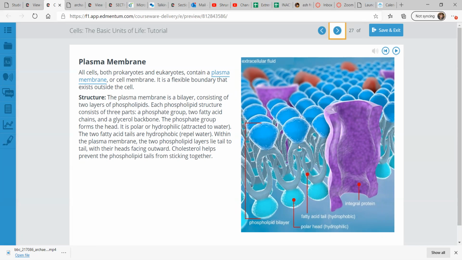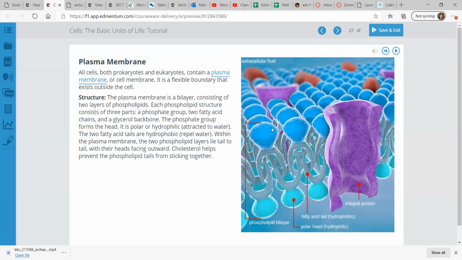Each phospholipid structure consists of 3 parts: a phosphate group, that part of the word, phosphate, 2 fatty acid chains, that's from the lipid part of the word, and then there's a glycerol backbone. And this picture shows you how they all fit together. The phosphate group forms the head.